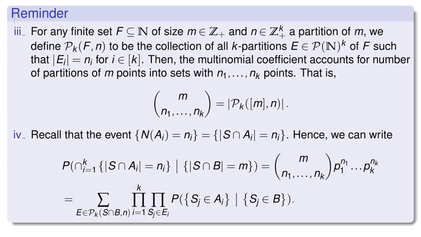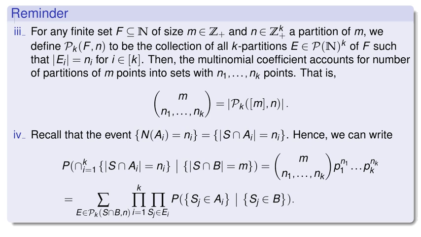Hence, we can write the conditional probability P of the intersection from i equals 1 to k of cardinality S intersect A_i equals n_i, given cardinality S intersect B equals m, is m choose n_1 to n_k times p_1 to the n_1 dot dot dot p_k to the n_k.